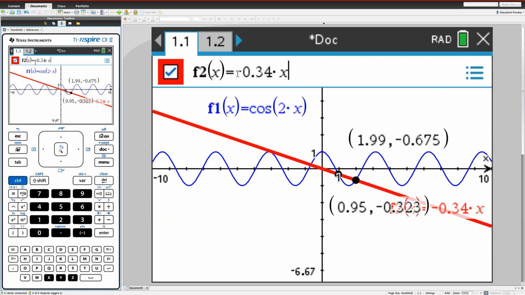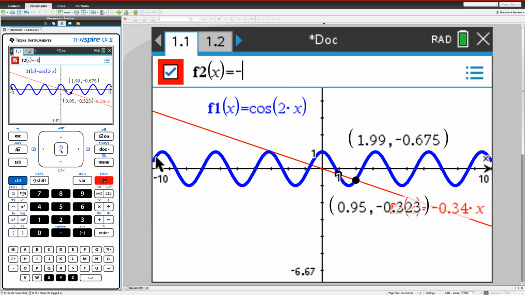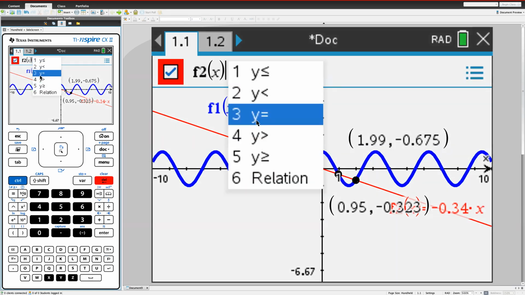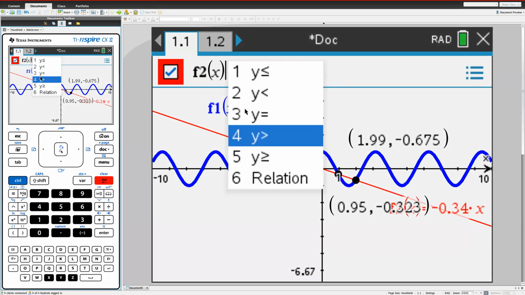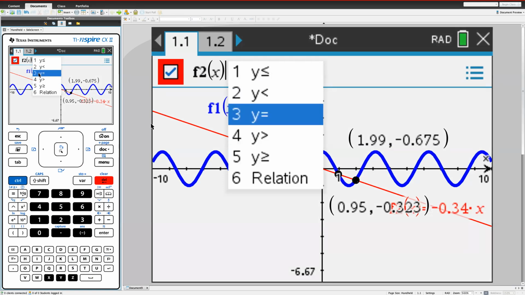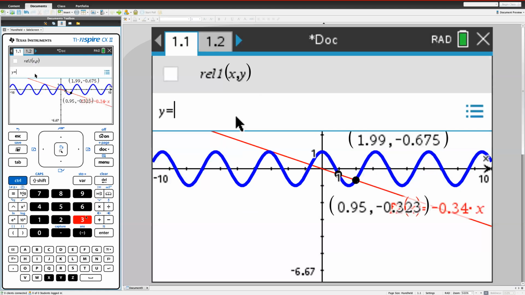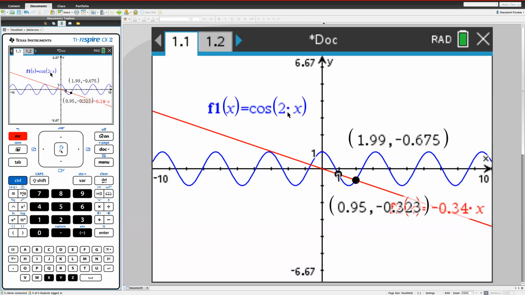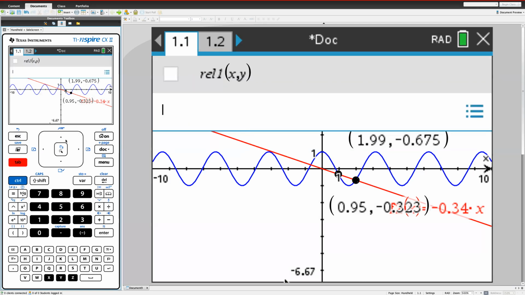This was f of x equals 0. Well, goodness gracious. Why isn't it cooperating? Here we go. Well, this is just getting frustrating now.